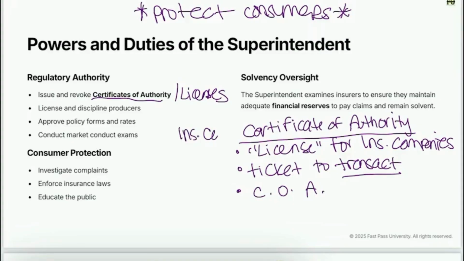And if an insurance company has a certificate of authority, so let's just pretend this is the certificate of authority badge, or their ticket to transact, they are considered admitted or authorized. And you need to know those two terms.